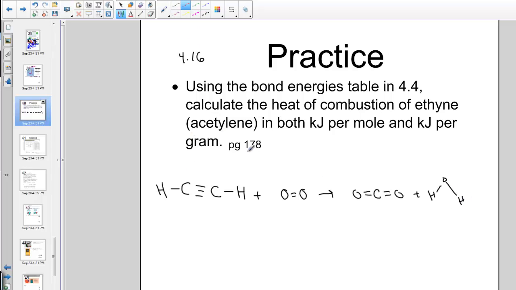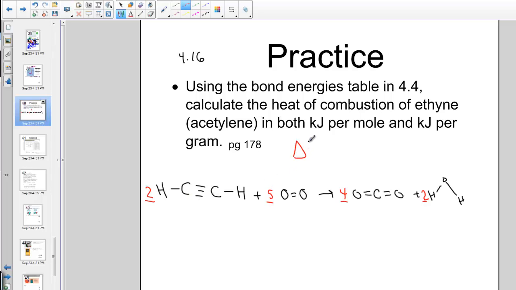Borrowing from page 178, we can see the coefficients to balance this. 2 molecules of our fuel, acetylene, plus 5 molecules of our diatomic oxygen yields 4 molecules of carbon dioxide and 2 molecules of water. A 2 to 5 to 4 to 2 balances that overall equation.